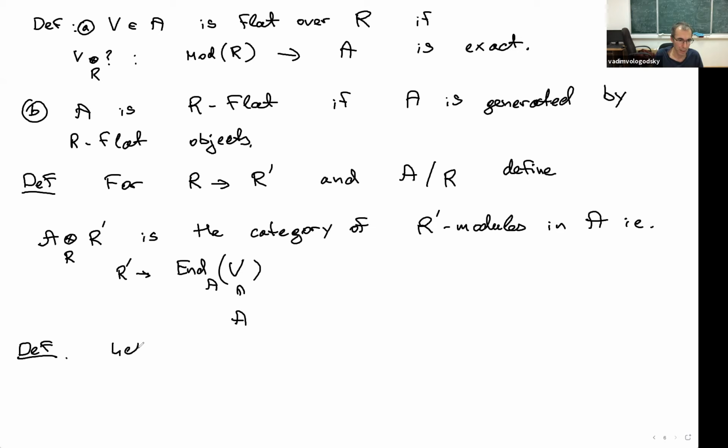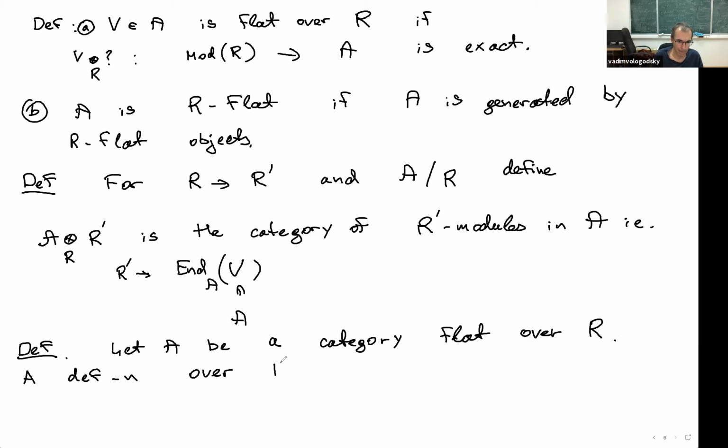So let A be a category flat over R. A deformation over the power series is just a collection of categories, A0 equal to A, A1, up to AN.